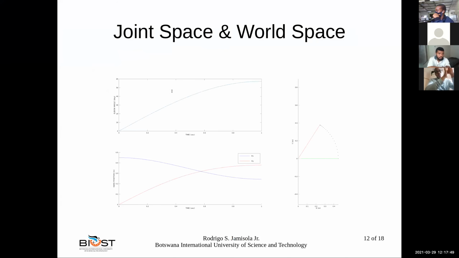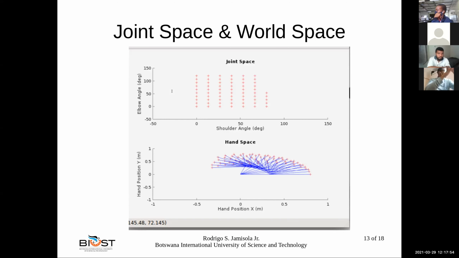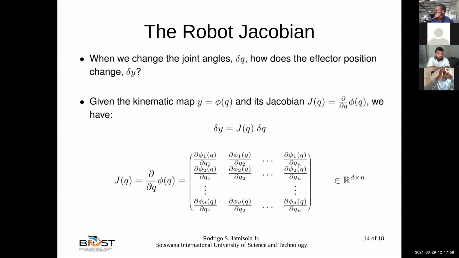Okay, we're done with robot 1 and robot 2, and this is the drawing, and this is also the joint space and the hand space in terms of position. So we are familiar now with how the hand moves when the joint moves. That's forward kinematics. Now, we say that there is a robot Jacobian, and this robot Jacobian expresses a linear relationship between the increment of the joint movement and the increment in the hand movement.